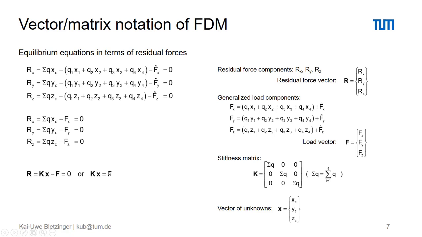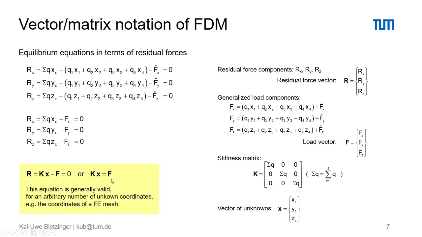Or we may rewrite this system of equations like that. So this equation is in general valid for an arbitrary number of unknown coordinates, for instance the coordinates of a finite element mesh, as I said already. So the size of x, the vectors r and f, and the size of the stiffness matrix is the number of equations, the number of unknowns.